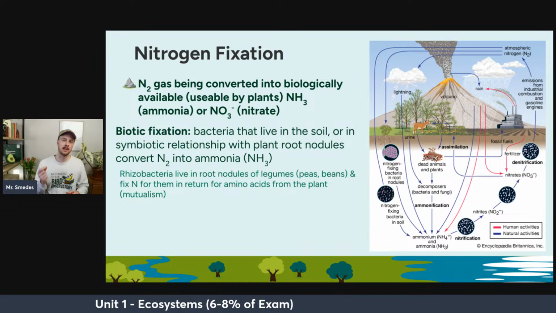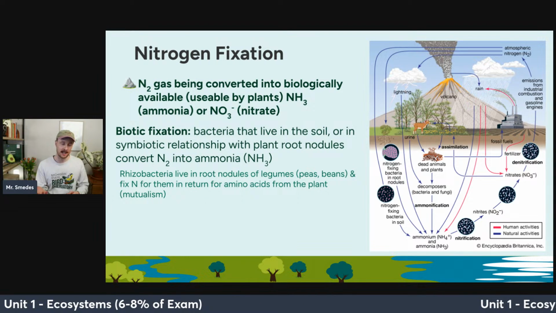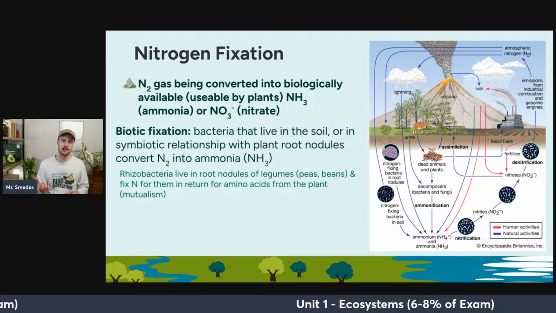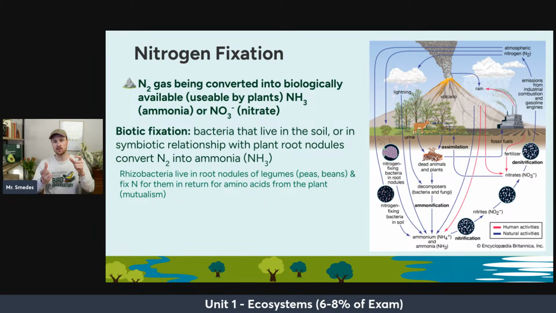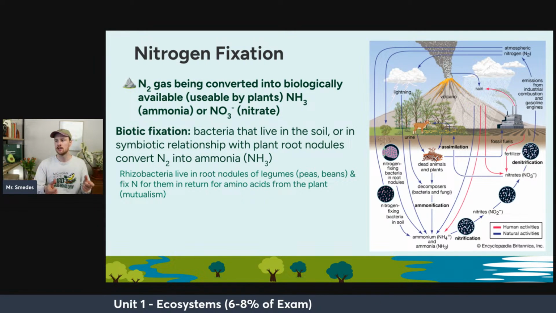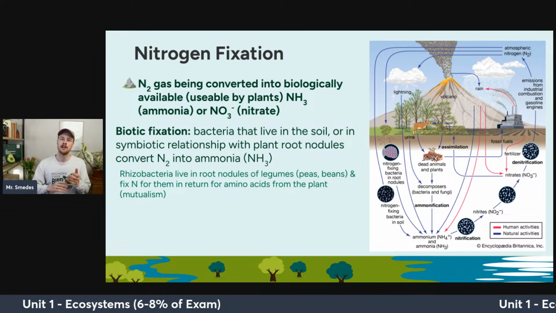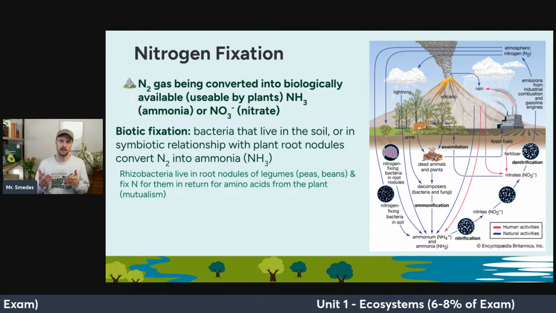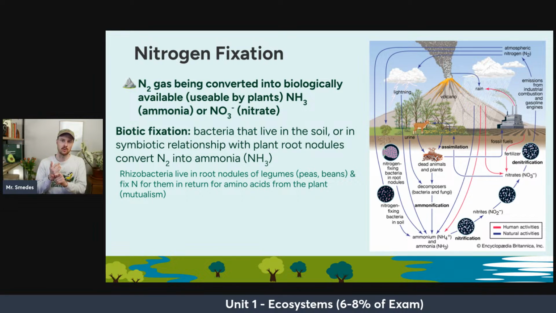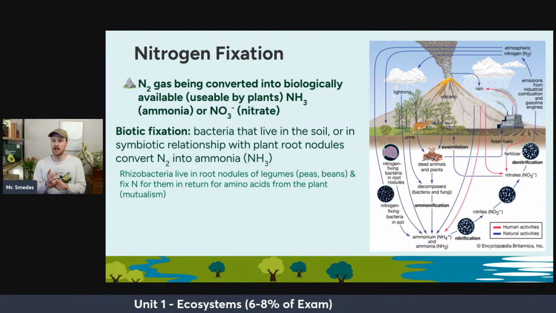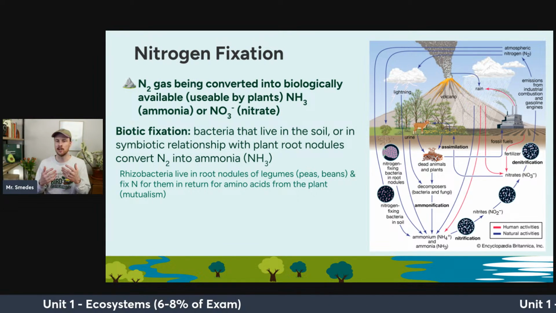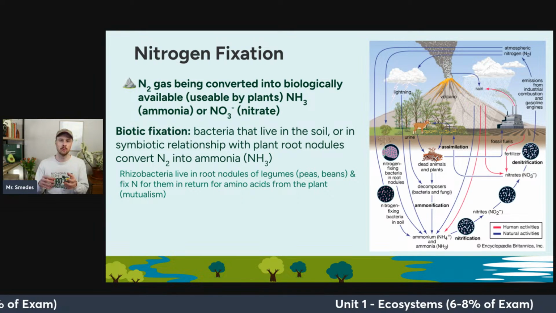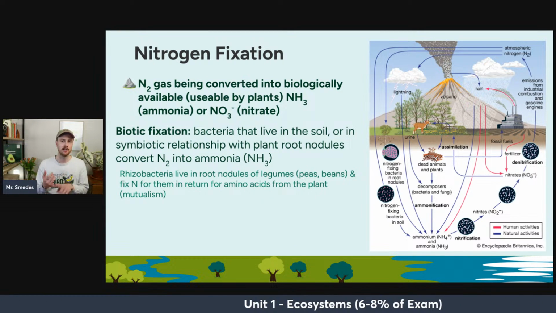And so we rely on fixation of nitrogen by bacteria that are evolved to have these really specialized enzymes that can break apart that nitrogen and then pair it with hydrogen. So if we look at our diagram here, we can have what's called biological nitrogen fixation by bacteria that either live freely in the soil, but oftentimes they're bacteria that have this symbiotic relationship, mutualistic relationship to be specific, where they live in the root nodules of certain plants like legumes.